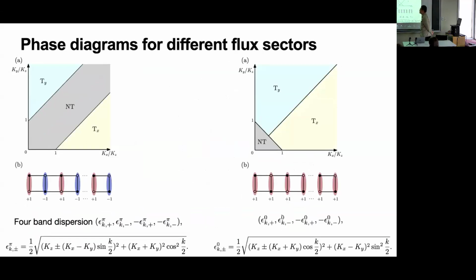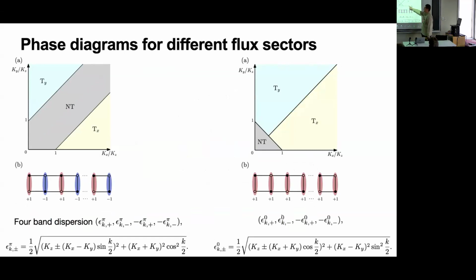After understanding the pi flux, because we can control the DJ, there's a possibility of different DJ sectors. We also explore the phase diagram of the zero flux. The zero flux is where DJ is all equal to +1. In this case, one can also diagonalize the Hamiltonian, obtain the band dispersion, and obtain the phase diagram.